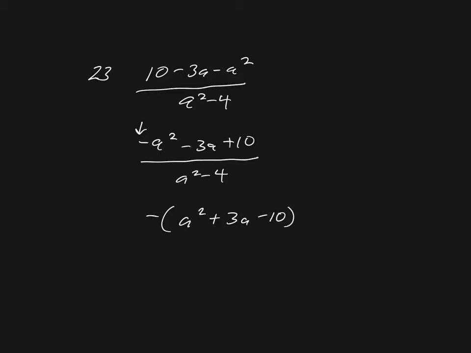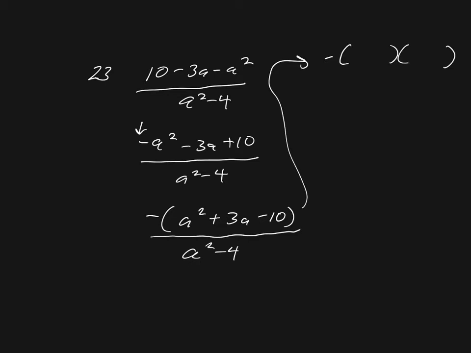And so now we can factor that. We can also still factor the bottom. Let's go back up here. We got a minus sign, and we're going to factor it into two.